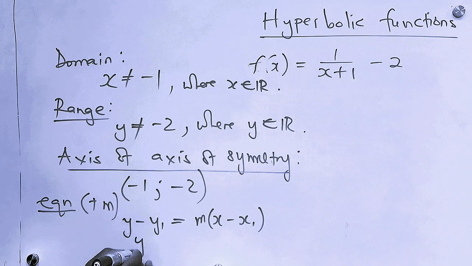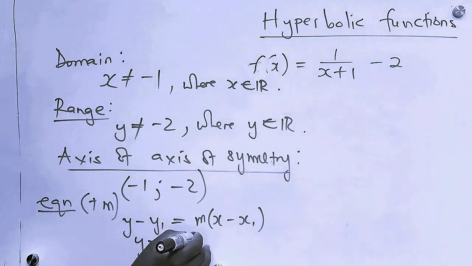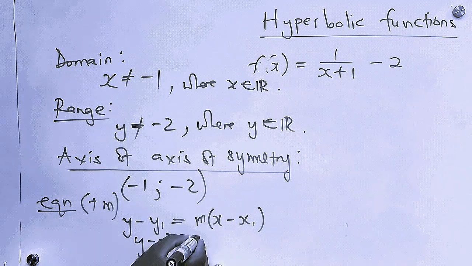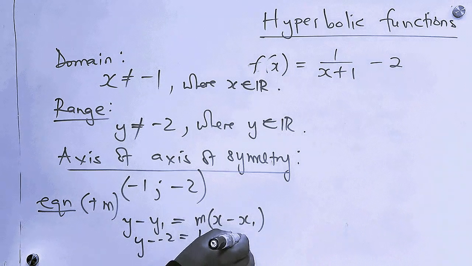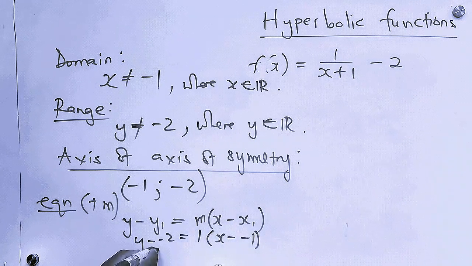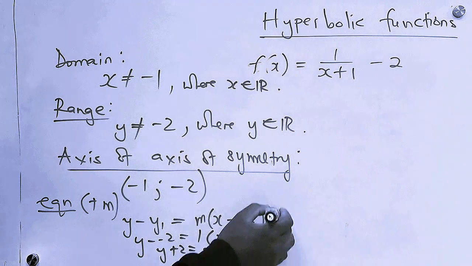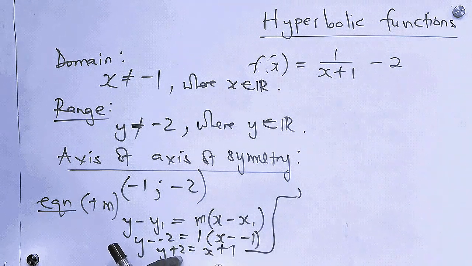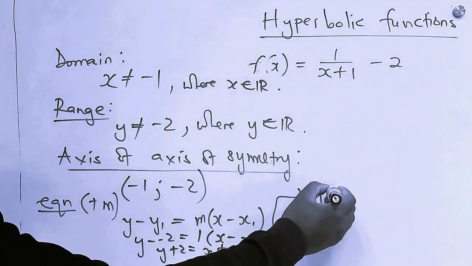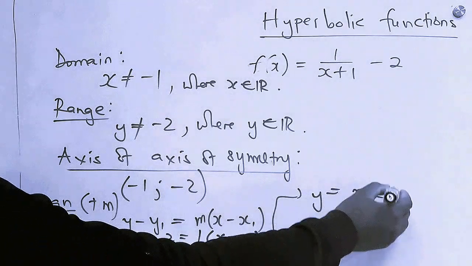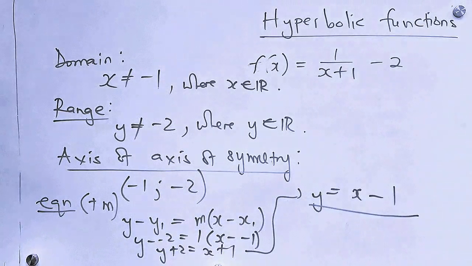So we have y minus -2. Remember we said we are doing positive gradient, so our gradient is +1, x minus -1. So we have y plus 2 is equal to x plus 1. Therefore our equation will be y is equal to x, 1 minus 2, we get -1. This is for positive gradient.